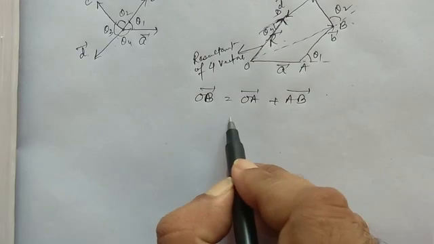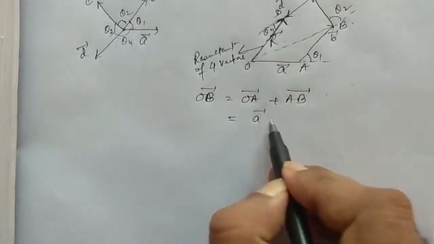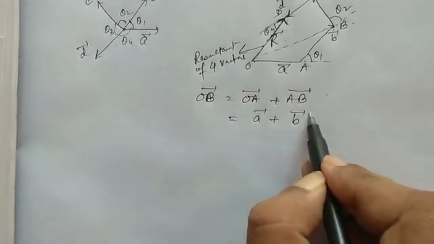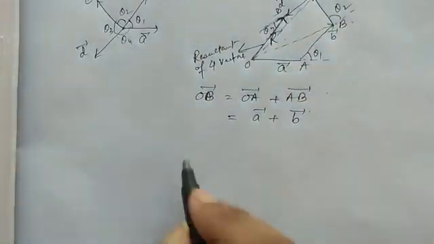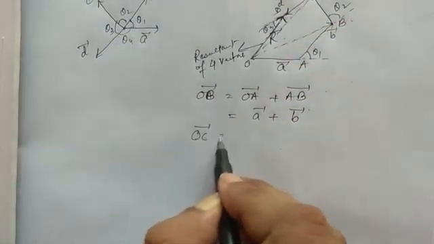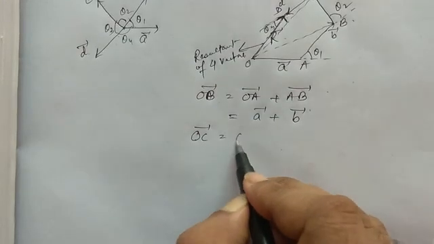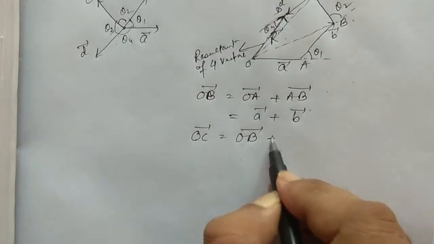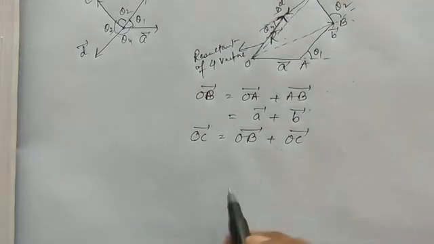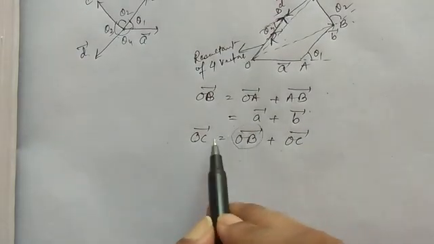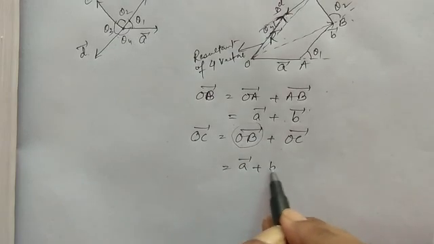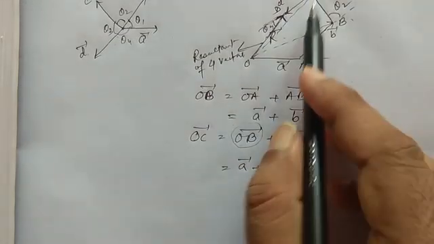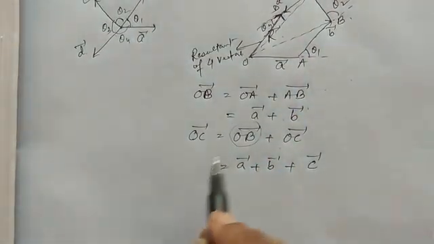That means OA is vector A and AB is vector B. Again, if we join O and C, OC vector is equal to OB vector plus BC vector. We have got OB as vector A plus vector B, and BC is vector C.